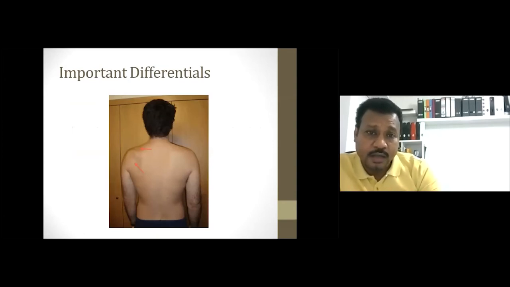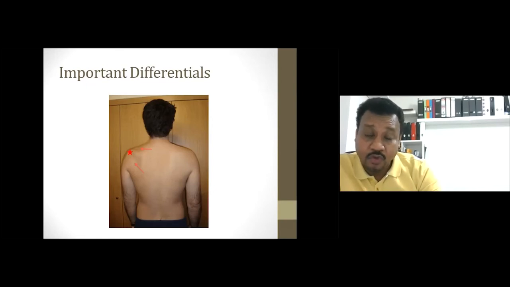But if you are preparing well for this exam, you would avoid being asked about all the differentials by mentioning them in your first comment, avoiding prompting. So you would say, I will be looking at the deltoid to see if it's wasted or not.